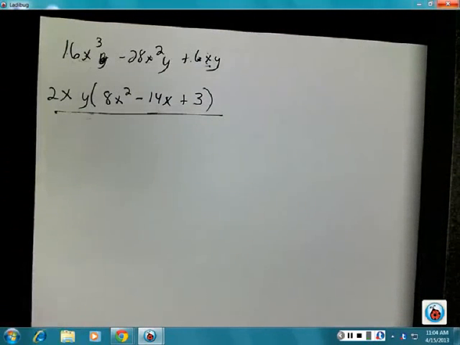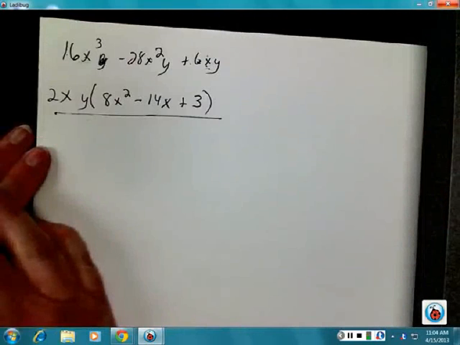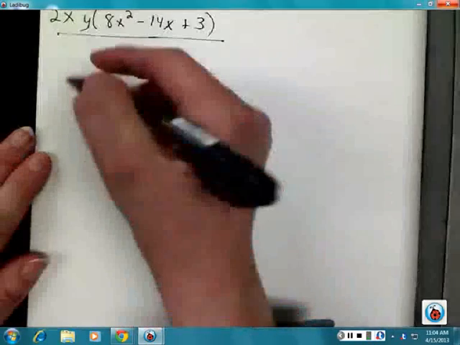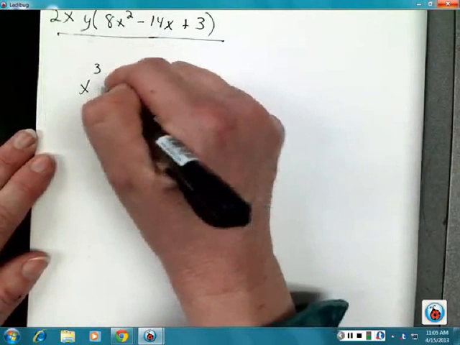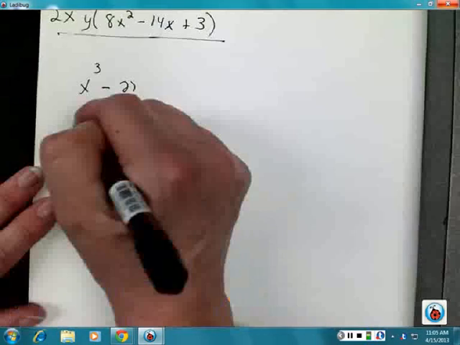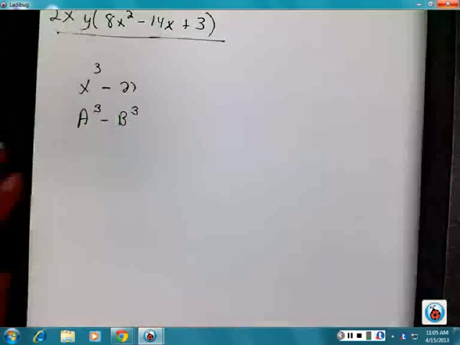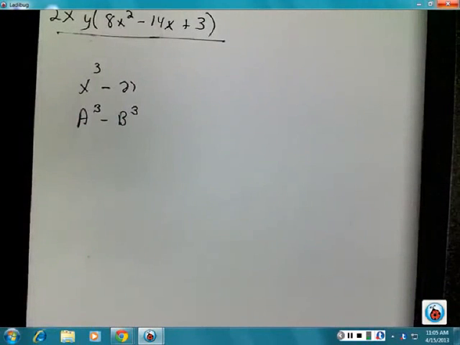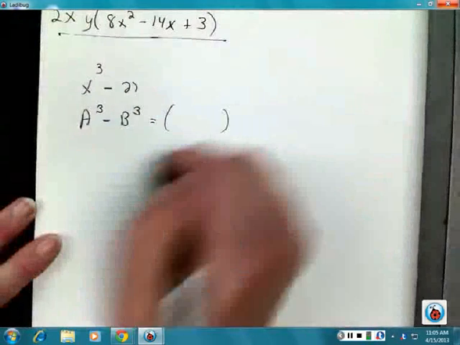The other formula that you have, because not all of your cubes have pluses in the middle of them, some of them have subtraction. So if I have x cubed minus 27, for instance, that's going to fit a cubed minus b cubed. Its formula is similar to the last one we did, same basic pattern.